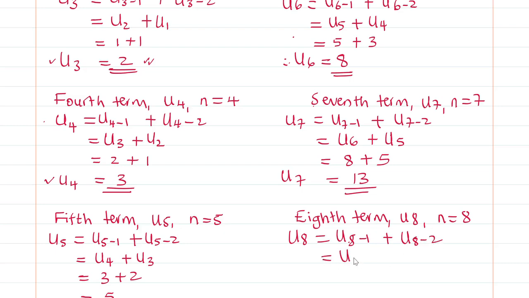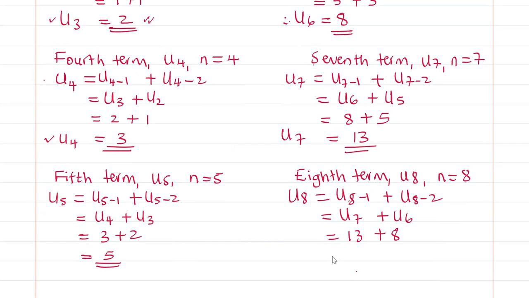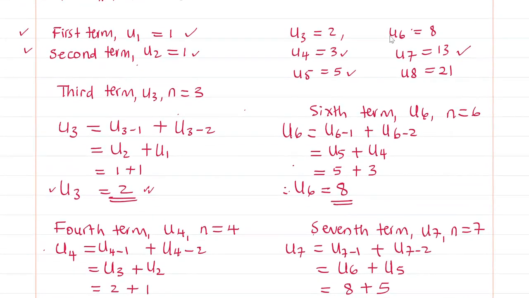This gives us U7, because 8 minus 1 is 7, plus 8 minus 2 is 6, U6. What is our U7? That is the 7th term, which is 13, plus U6, which is the 6th term, which is 8. And then you press your calculator and add them. And here it gives us 21. So our 8th term is 21. And if you look here, it was 21.